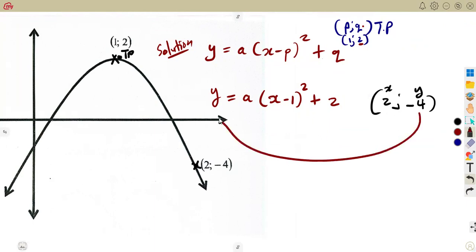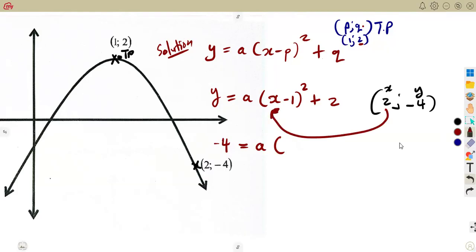The Y value, which is -4, is equal to a into (x minus 1) squared plus 2, where x is 2.